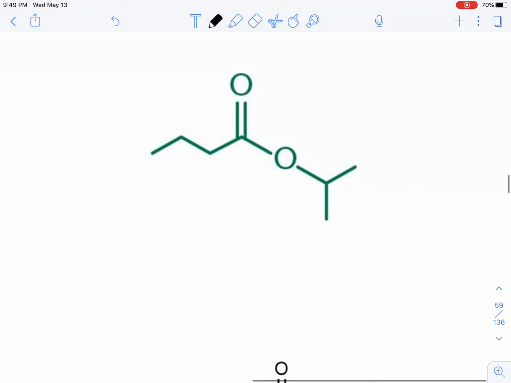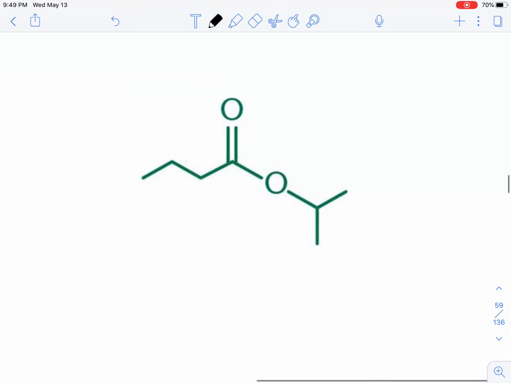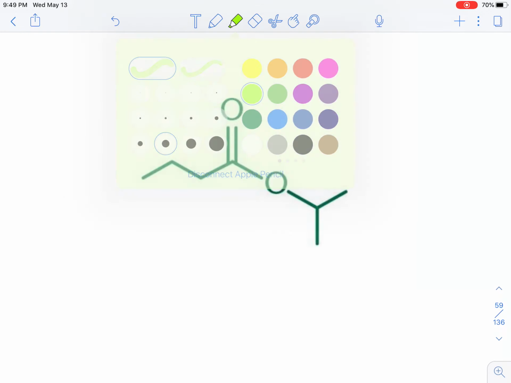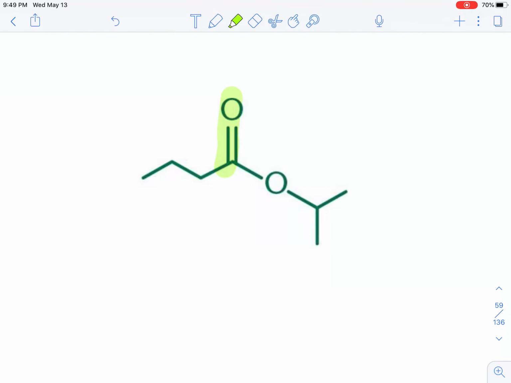Okay. So let's go ahead and move on to the next compound or molecule. And so once again, I want to recognize my ester. So here's my carbonyl group. Here's my ester oxygen.